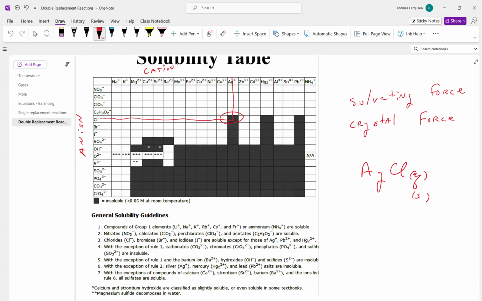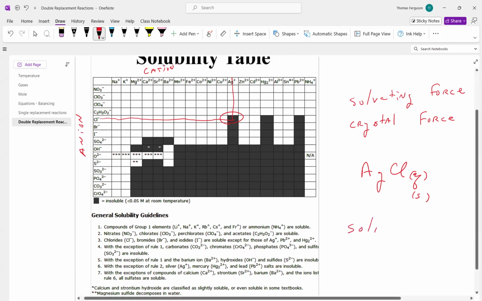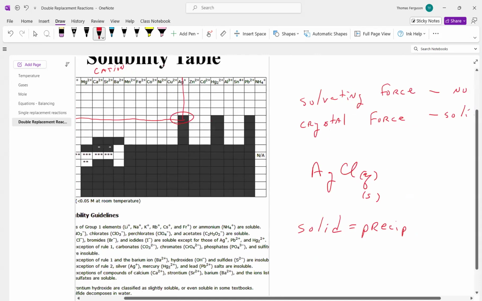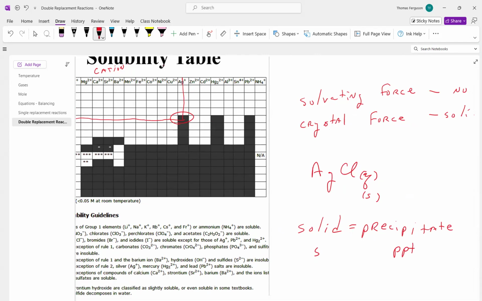Oh, the other thing is, okay, when it forms a solid, a fancy word for that is called precipitate, or PPT for short. You can use either one. Depends on your book, depends on the lab. So those are used interchangeably.